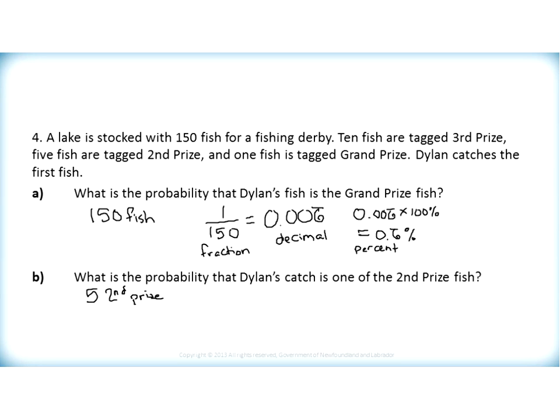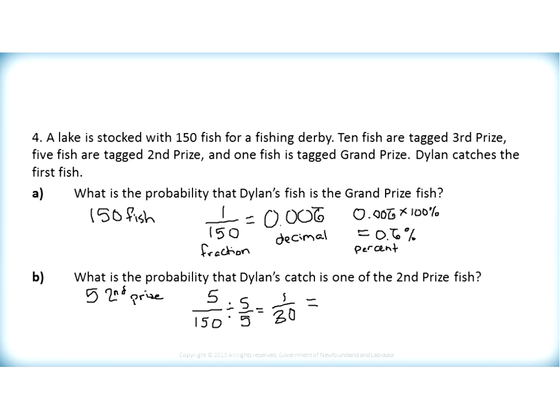So his probability as a fraction would be 5 out of the 150 total available, which we can divide both our numerator and our denominator by 5, and that gives us a 1 out of 30 probability. So it's a 1 out of 30 probability that he gets a second prize fish.